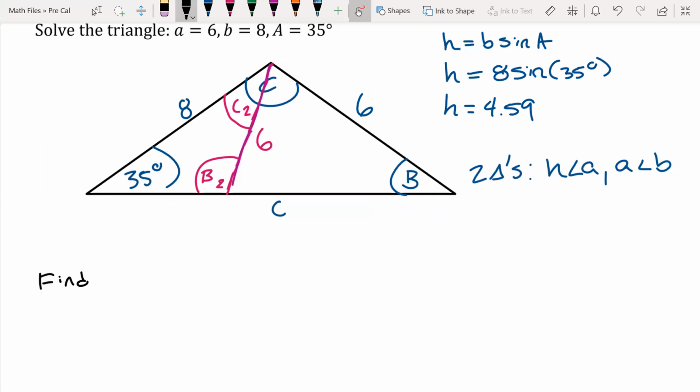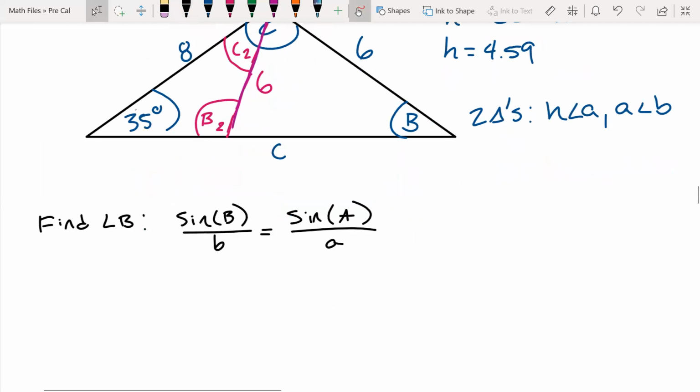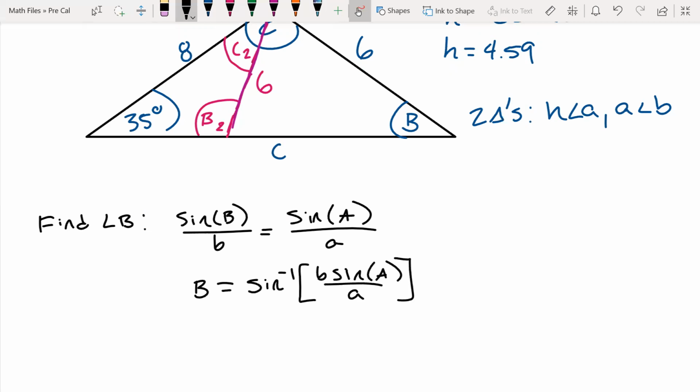So find angle B. We're going to do sine B over B equal to sine A over A. And of course, you could rearrange the whole thing and you'll get B equals the inverse sine of B sine A over A. And B would be the inverse sine of 8 times the sine of angle A, which is 35, over side A, which is 6.